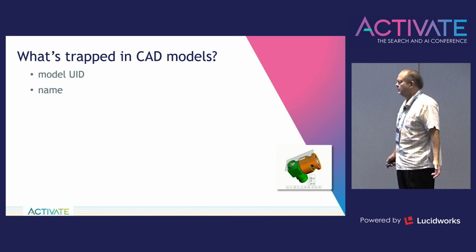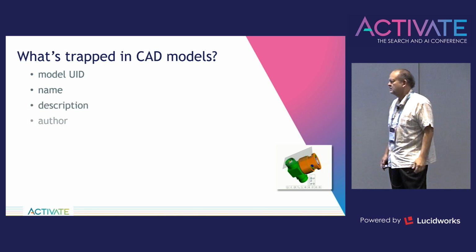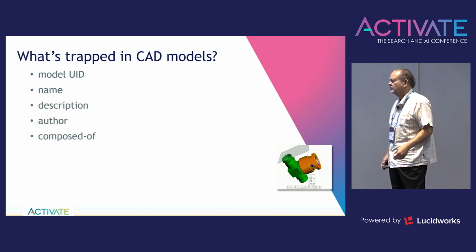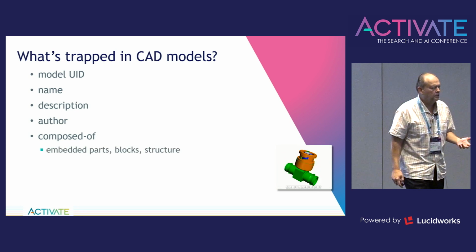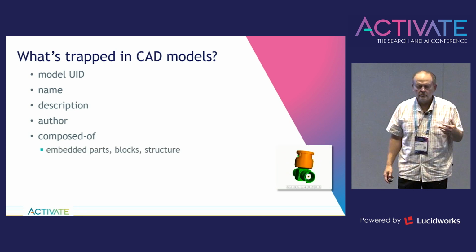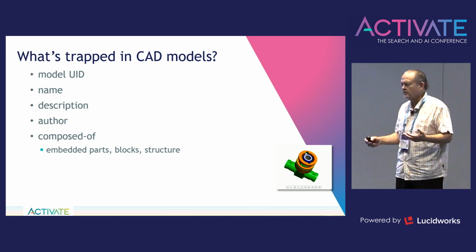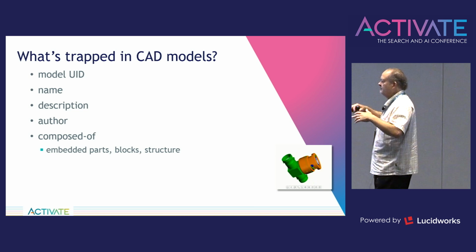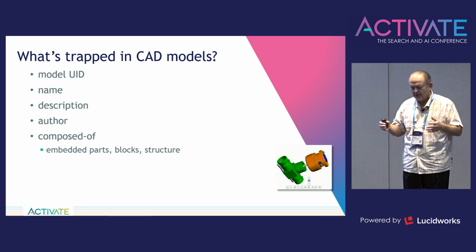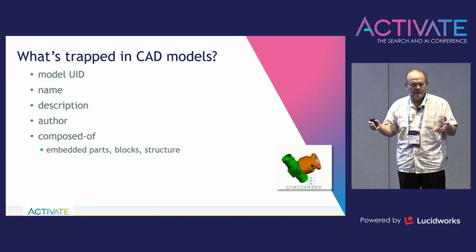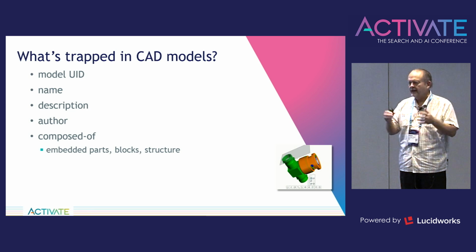Of course, the name is obvious, the description is inside of this, the author is inside of this. Here's kind of the interesting thing, this idea of a composed of, right? This is a term in the industry, in the engineering manufacturing space. So this particular drawing has parts, so it might be an assembly, a sub-assembly, but these parts are inherently included.